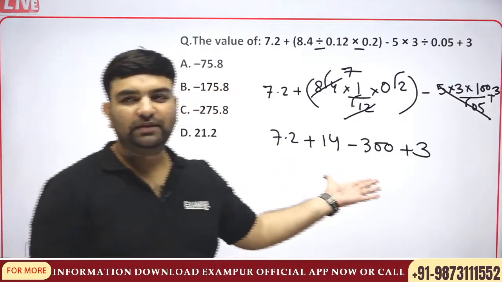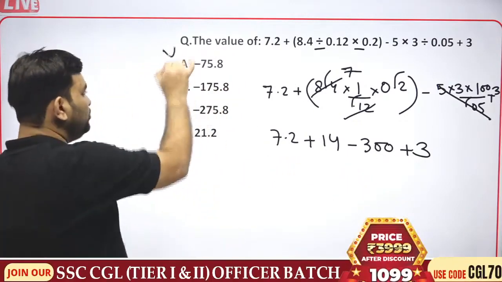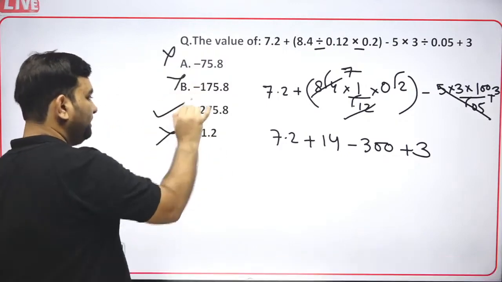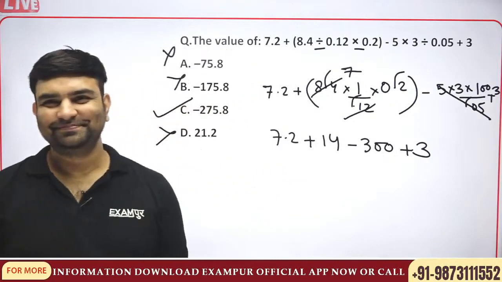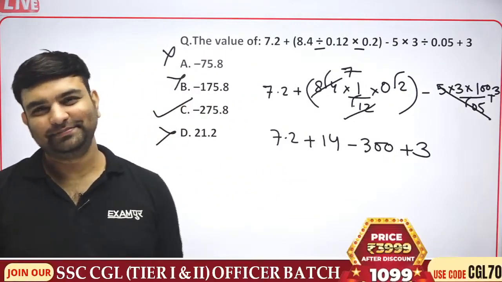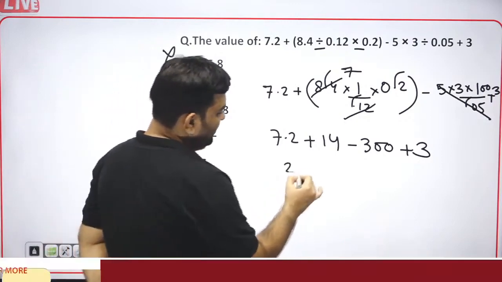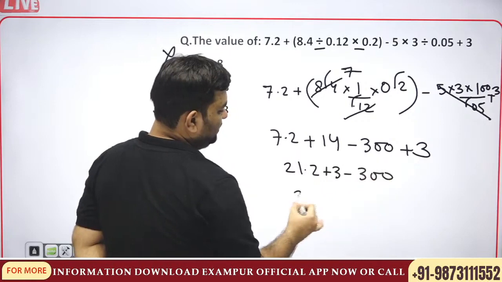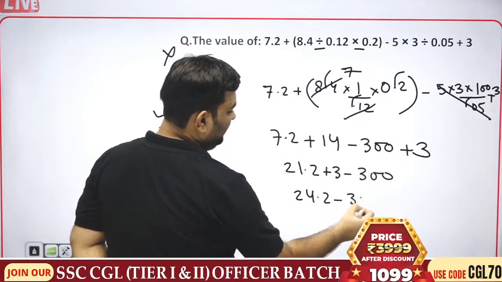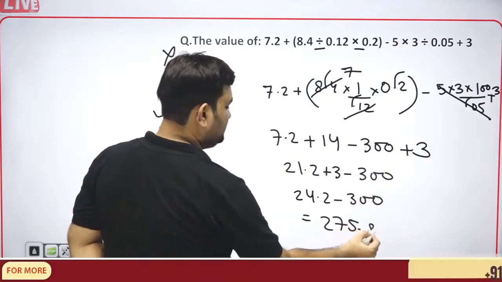So the answer is something in 200 negative. 21.2 plus 3 minus 300. 24.2 minus 300. It is minus 275.8.